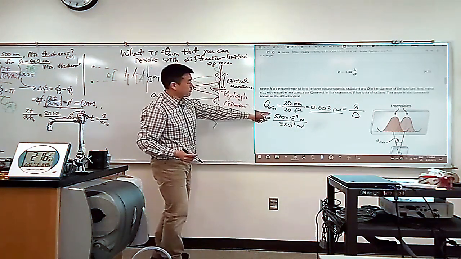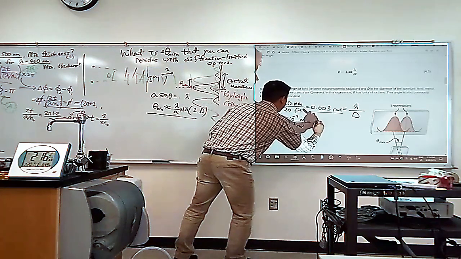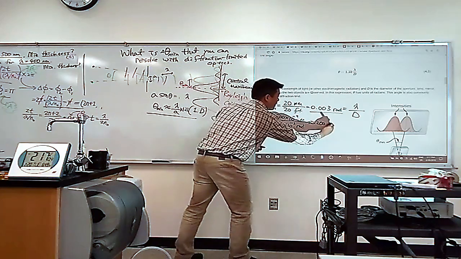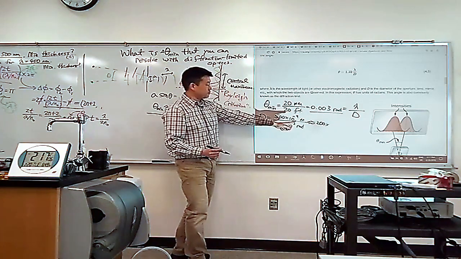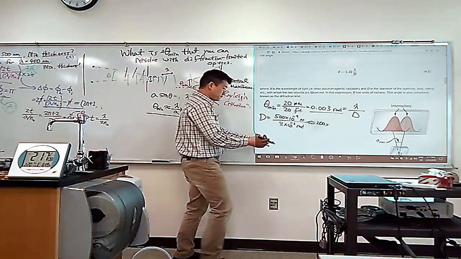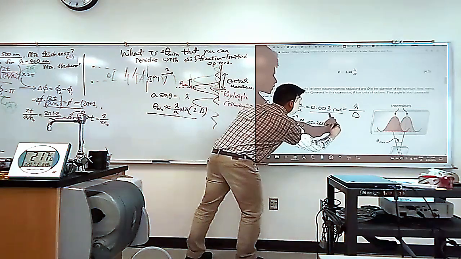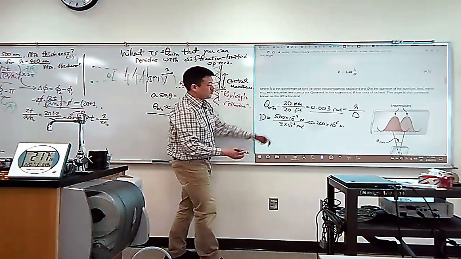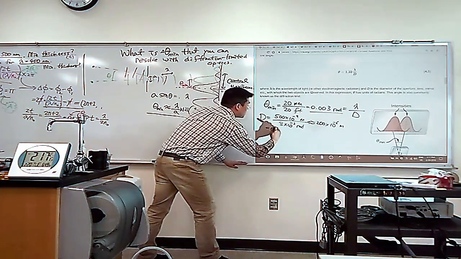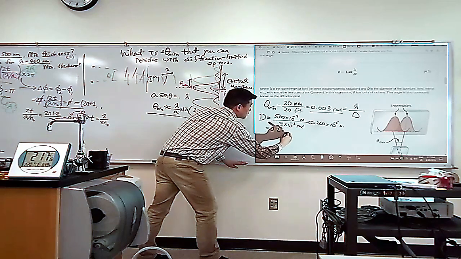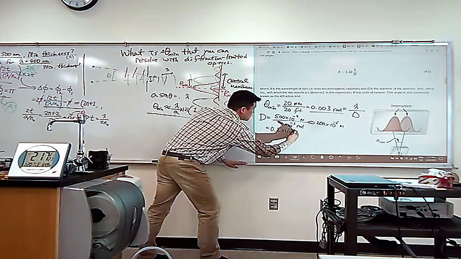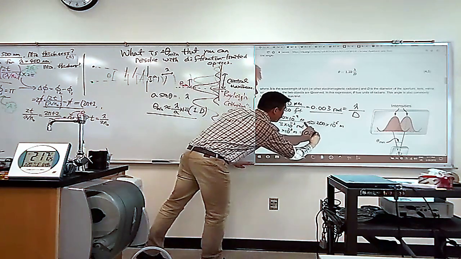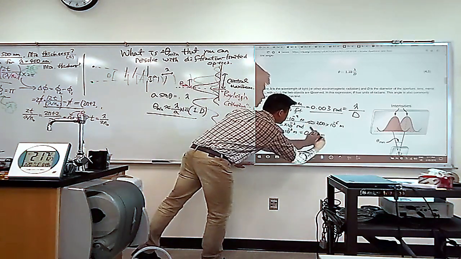So it's 500 divided by 3, approximately 200, times 10 to the minus 9 over 10 to the minus 3, so about 10 to the minus 6 meters. Working out the units, it should be about 0.2 times 10 to the minus 3 meters, or about 0.2 millimeters.